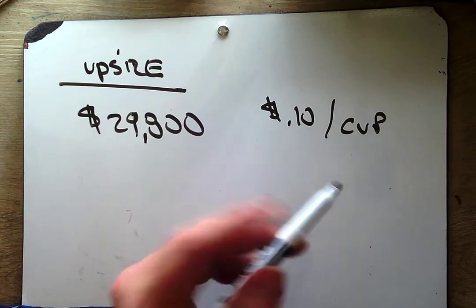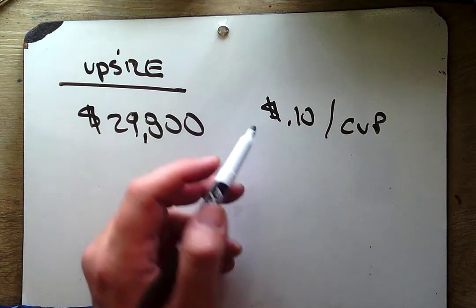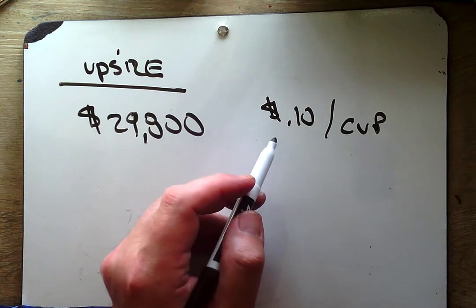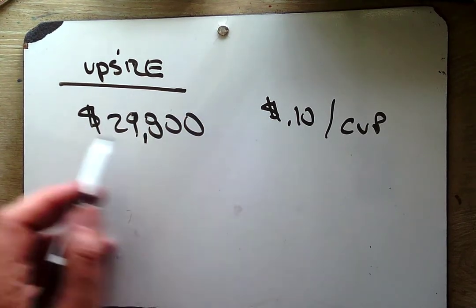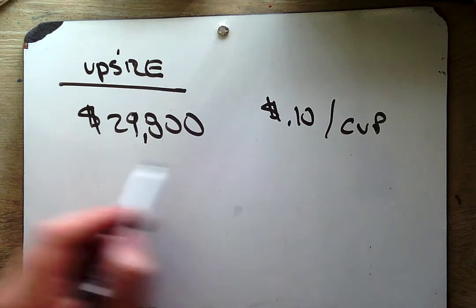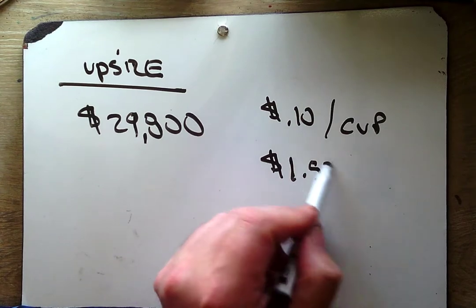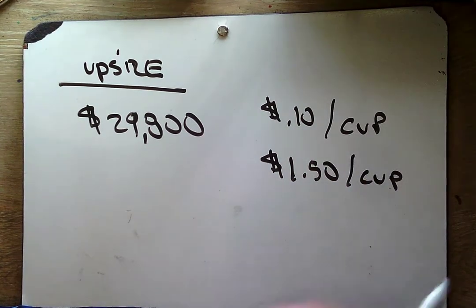Revenue, though, you're going to charge more because you tell everyone you have a better product, because you hired some marketing people. So your revenue now is going to be $1.50 per cup.